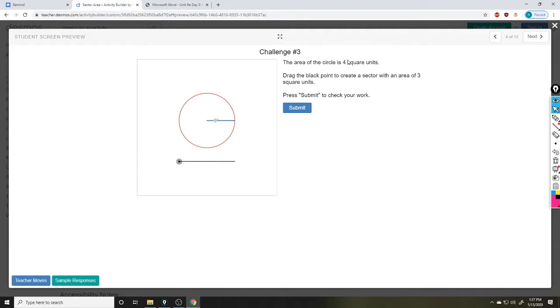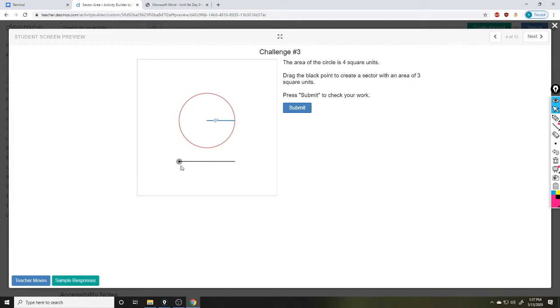Because here we go. Area is 4, and we want the area to be 3. Well, if we know the whole area is 4 and we want the area to be 3, that means we want 3/4 of the area. So we want to go 3/4 of the way around the circle. How far is that?